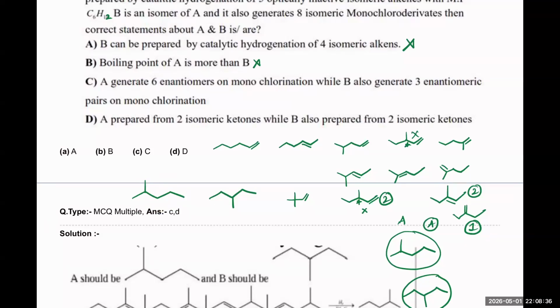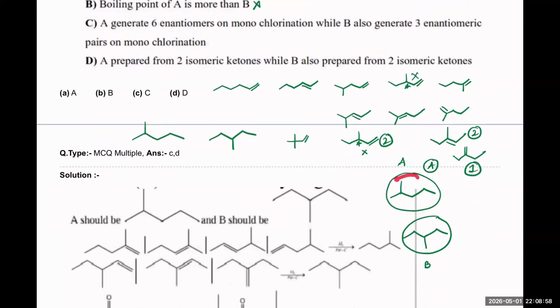Got it. Next: A generates 6 enantiomers on monochlorination, while B generates 3 enantiomeric pairs on monochlorination. So if you notice this one, it should give you 6 monochlorination products. Let me put some structures here.